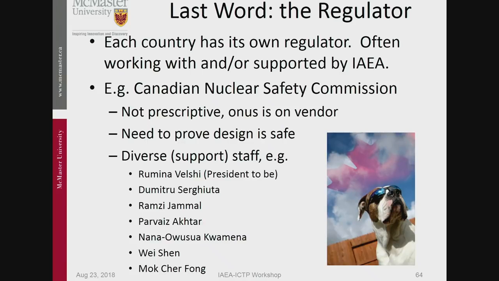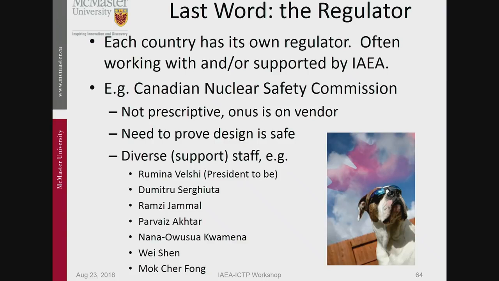And I mentioned actually people here, Rumina Velshi, Dumitru Sergiuta, Ramzi Jamal, Parvais Akhtar, and actually there's one person in the audience here. These are people I know from the CNSC, and I mention that because it also shows that the Canadian regulator is very diverse. You may recognize your names there.